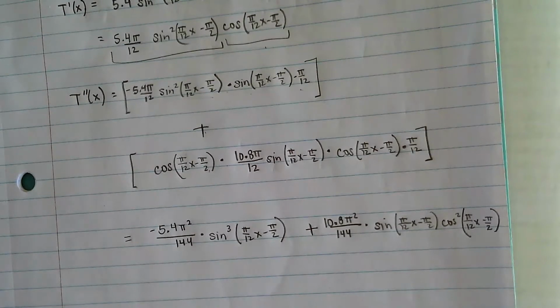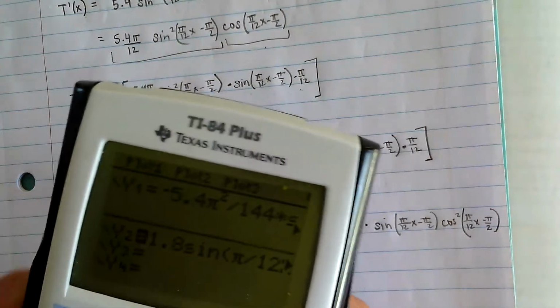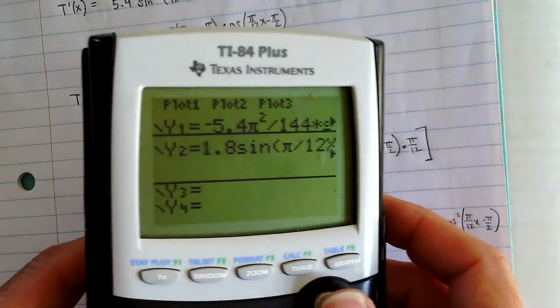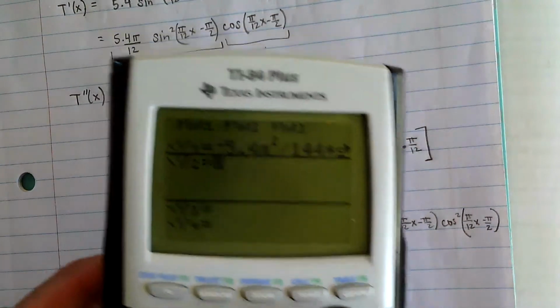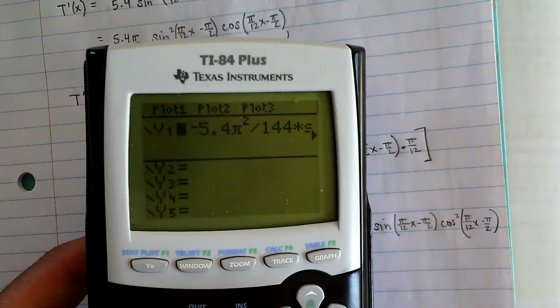And then once I got there, points of inflection are just where the second derivative equals 0. So I went ahead and typed in that second derivative function. This is the original function, so I'm going to get rid of that because I realized they had a picture of it in the book. That's the second derivative function.